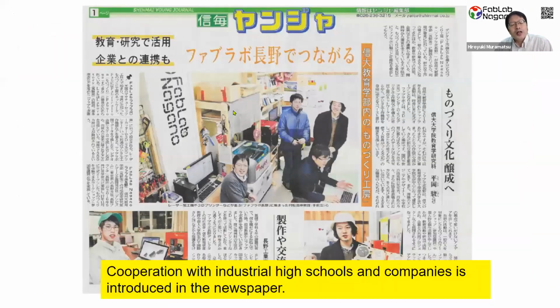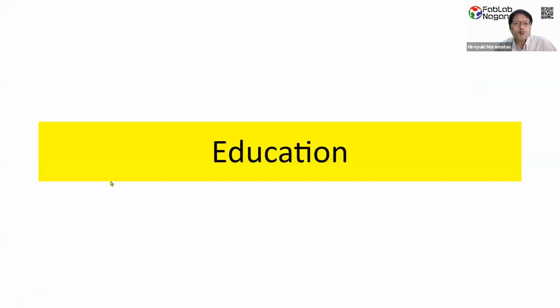The next slide shows the same newspaper too, about cooperation with industrial and technology high schools and companies. Some companies collaborated with our labs, introduced in this newspaper. Here are the high school students.